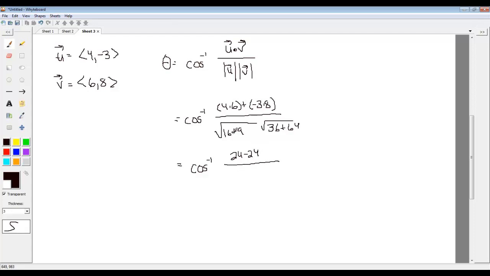Interesting. Over the square root of 25, which is 5, times the square root of 100, which is 10. So we have the inverse cosine of 0 over 50, or 0. The inverse cosine of 0 is going to give us that theta is 90 degrees.